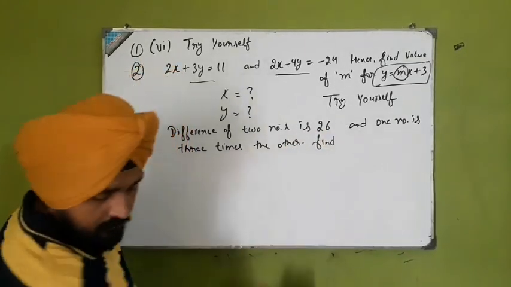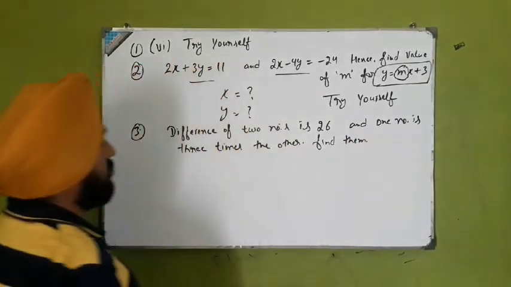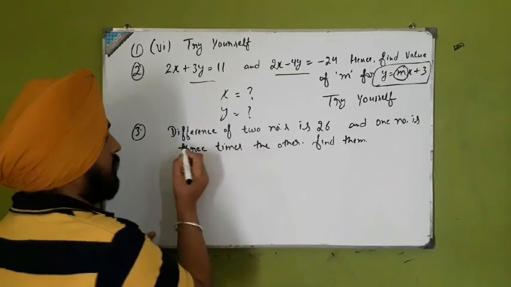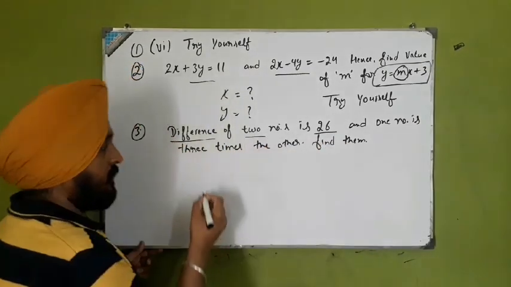Find the numbers. Yes, there is a relation given between two numbers. The difference between them is 26.